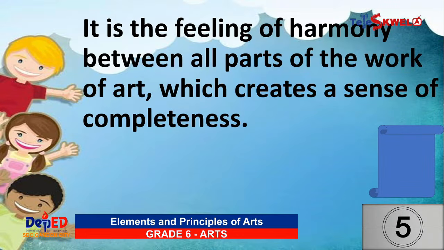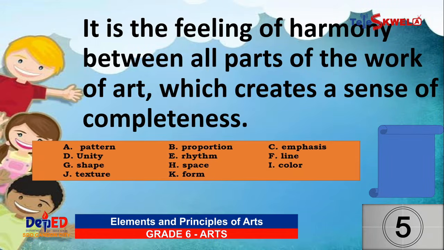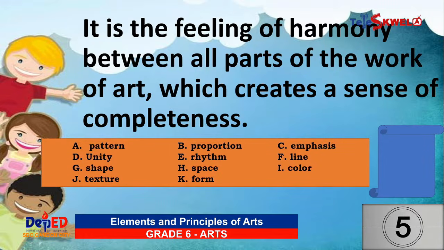It is the feeling of harmony between all parts of the work of art which creates a sense of completeness. Still, we have the same choices and order until the last one. So, timer starts now. And the answer is letter D, unity.